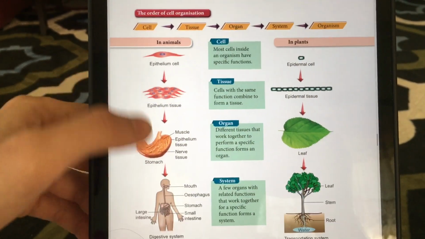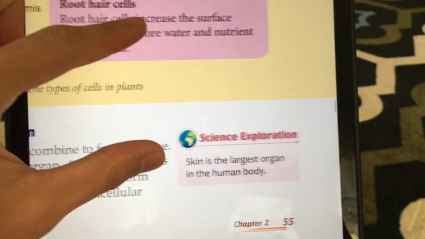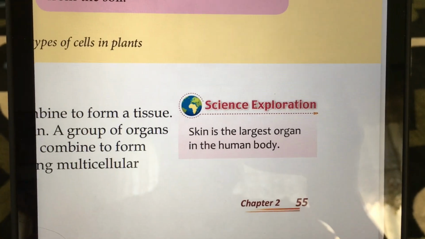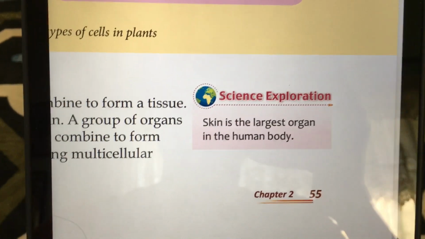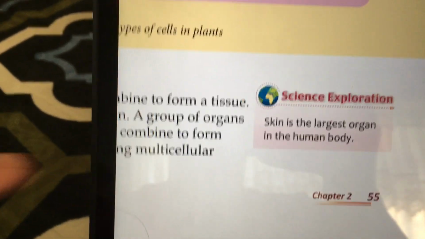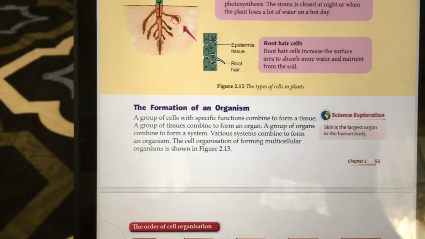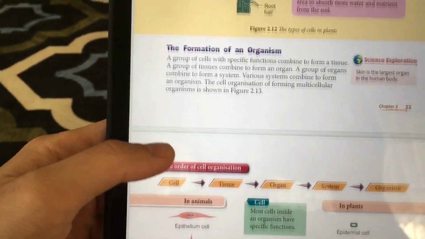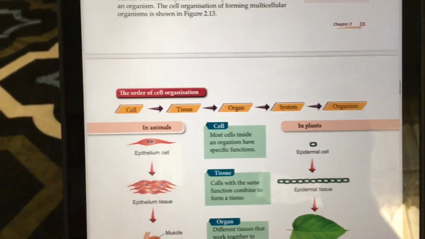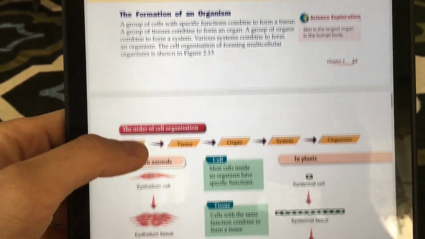Okay, so before we learn about this, notice right here, a small section right here, it says skin is the largest organ in the human body. Okay, kulit adalah organ terbesar di dalam tubuh manusia. Now why is the skin an organ? We will learn shortly after this. Kenapa kulit tu diklasifikasikan sebagai organ? Kita akan belajar sebentar lagi.